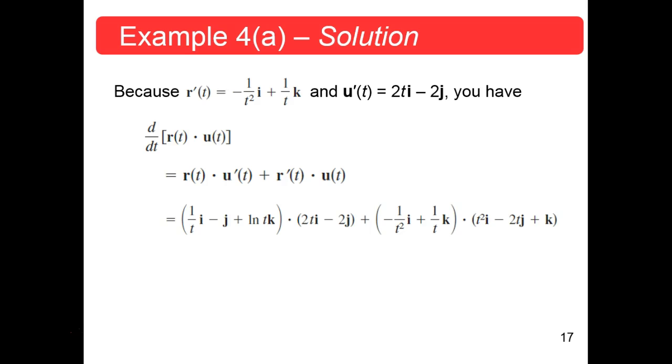So -1. Yeah, because see, there is no j here. This gives you a 1/t. So you get -1 plus 1/t. Okay? And this gave you, what was it, just a 4, wasn't it? Yeah, 4. 4 minus 1 is 3.